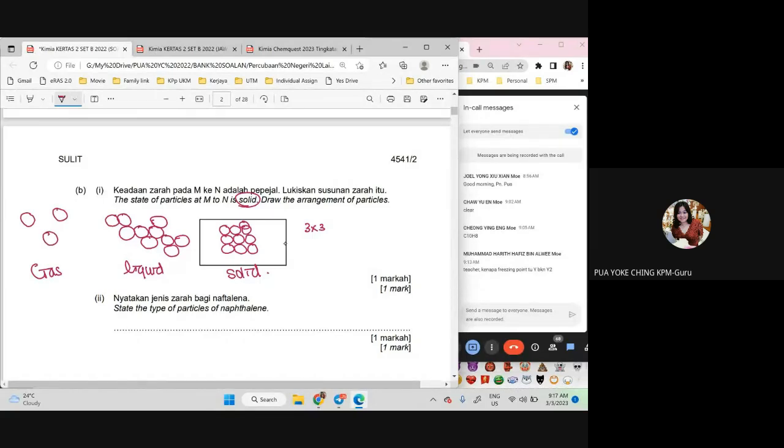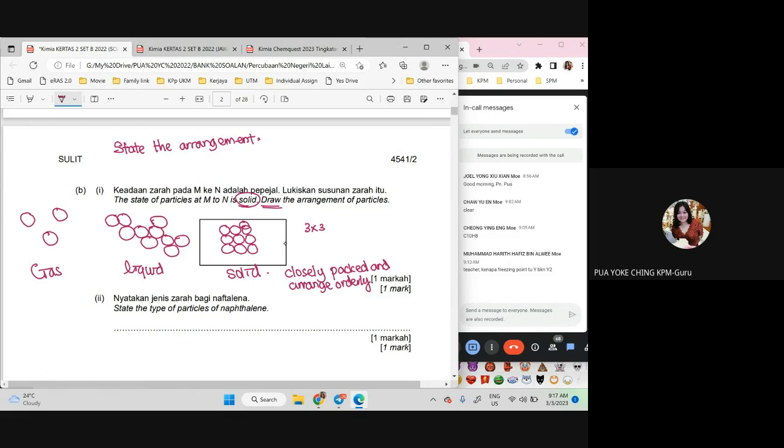Other than drawing, sometimes they ask you to state the arrangement. To state, solid is closely packed and arranged orderly.